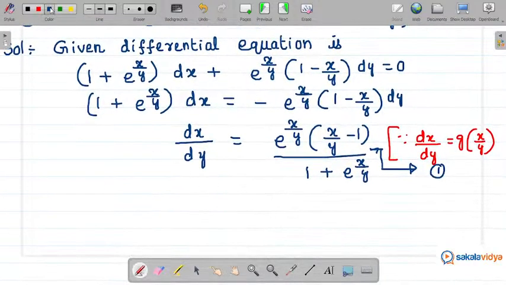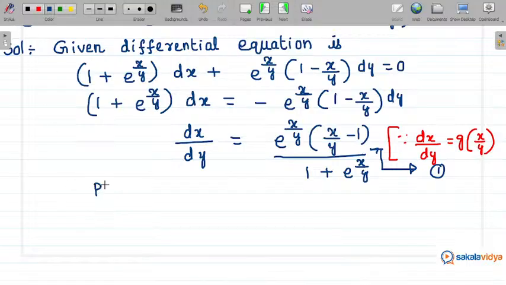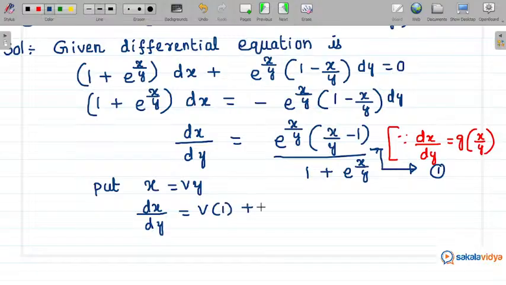Now put x is equal to vy. Differentiate both sides with respect to y, not with respect to x. So dx by dy is equal to v into 1 plus y into derivative of v with respect to y, that is dv by dy.